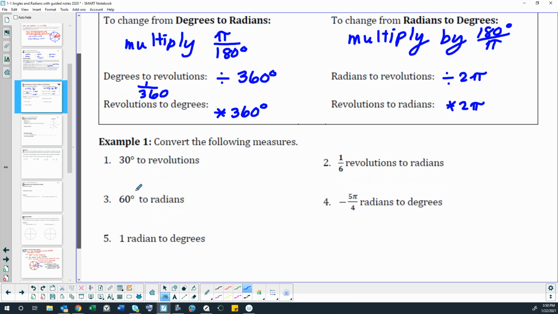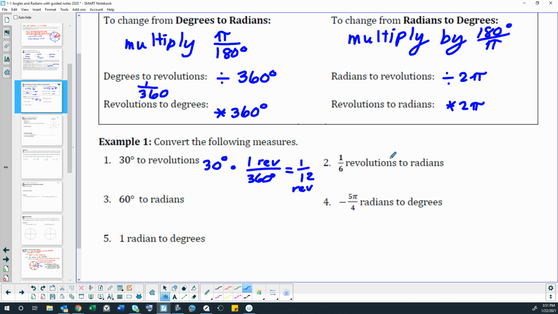Okay, let's practice. So changing 30 degrees to revolutions, that means we want to divide by 360, or you can think of it as a conversion factor where you're multiplying by 1 revolution over 360 degrees. So we reduce that to 30 over 360, which would be 3 over 36, which is 1/12 of a revolution.